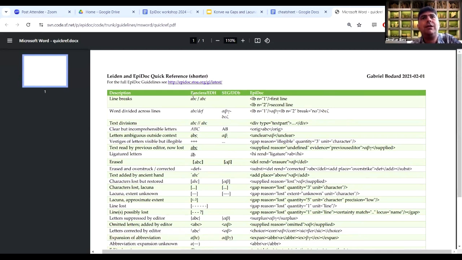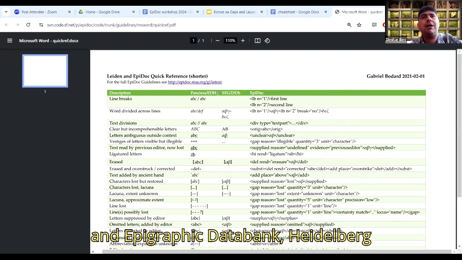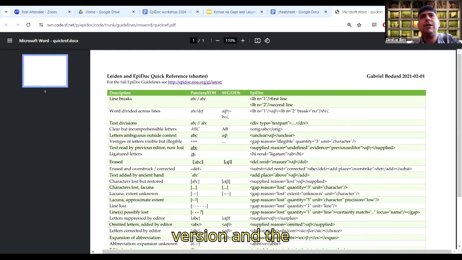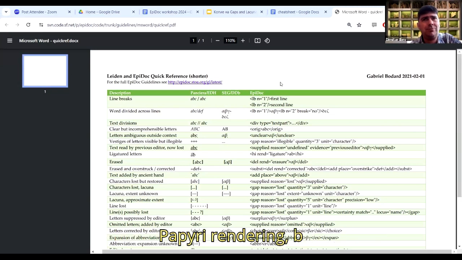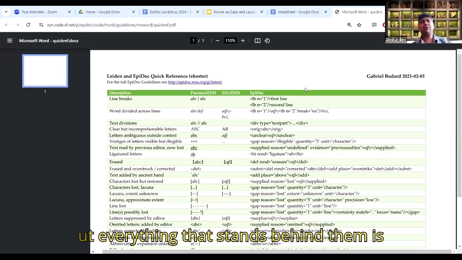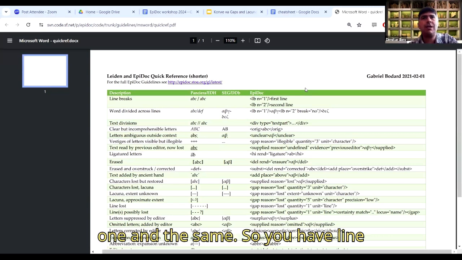You have the Panciera and Epigraphische Datenbank Heidelberg version, and the Supplementum Epigraphicum Graecum and the Duke Databank of Documentary Papyri rendering, but everything that stands behind them is one and the same.